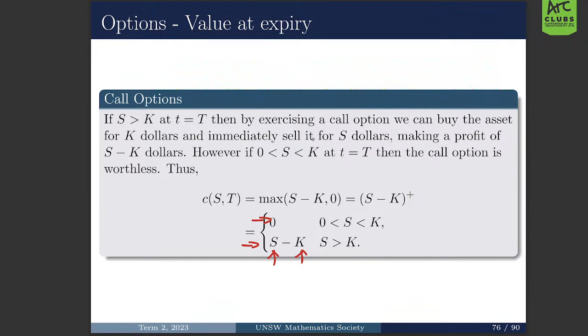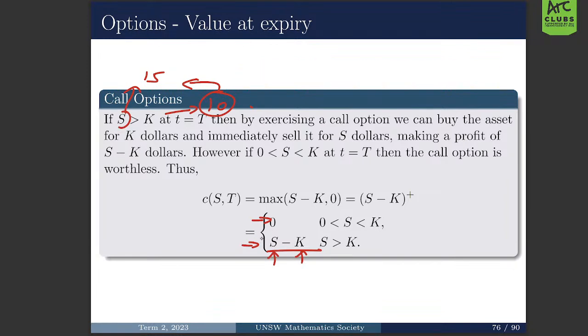So in the case where S, the current market price, is greater than the contract price or the exercise price, then we will want to buy it, because that means we can make money immediately out of it. Let's say we set the price to be 10, but right now this has a market price of 15. Then we can exercise our right to buy it at 10, and then immediately in the market we can sell it for 15. So the amount of money we make is going to be S minus K, and that's where this comes from.